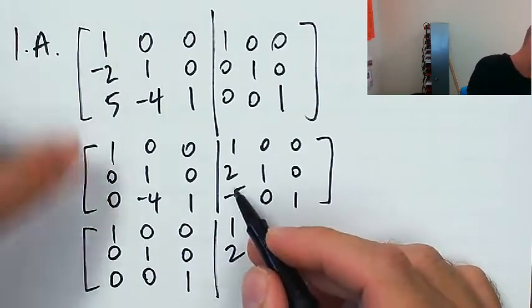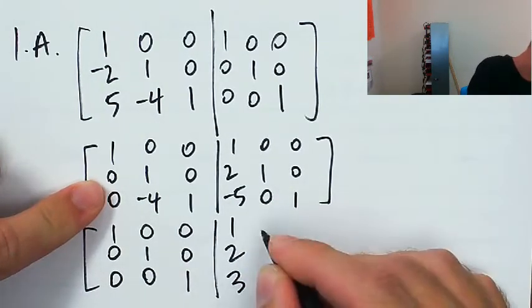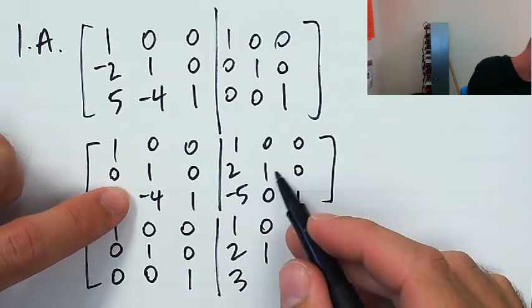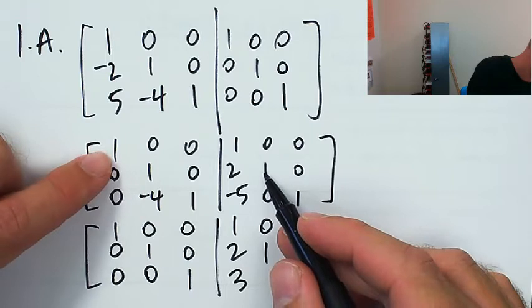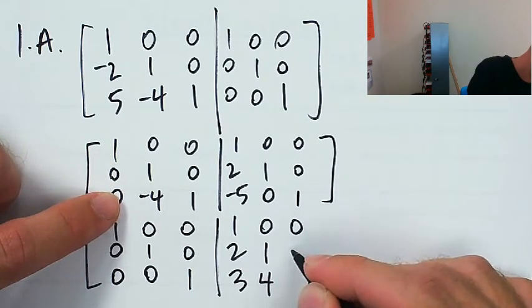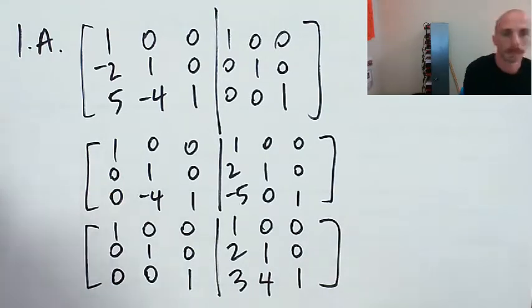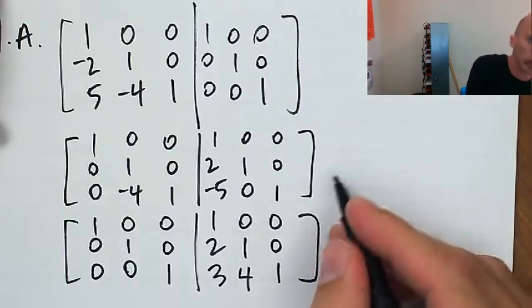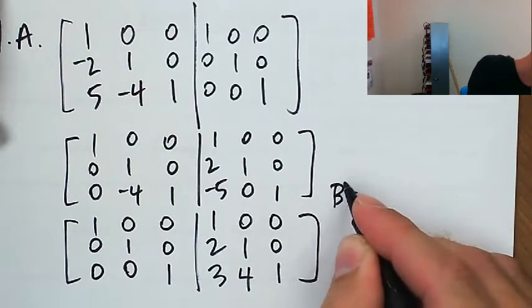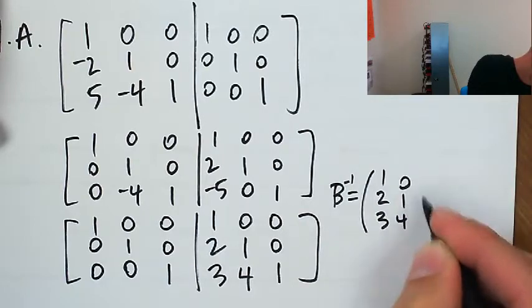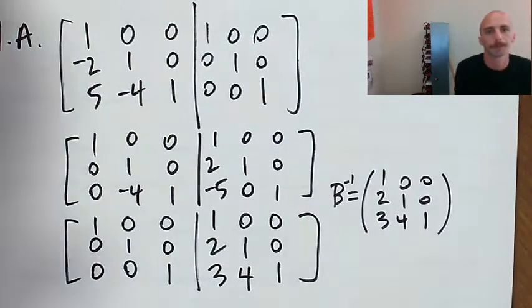When I add 8 to negative 5, I'm going to get 3. There we are. Okay, so this is going to be the inverse matrix. B inverse is going to be 1, 2, 3, 0, 1, 4, 0, 0, 1.